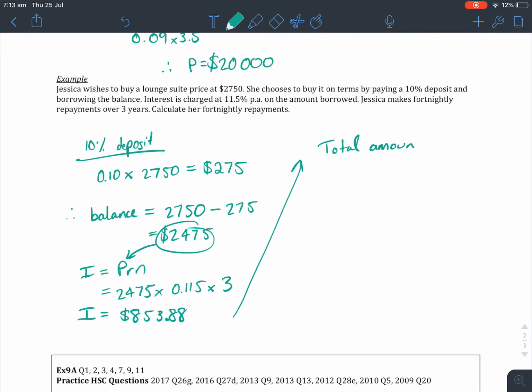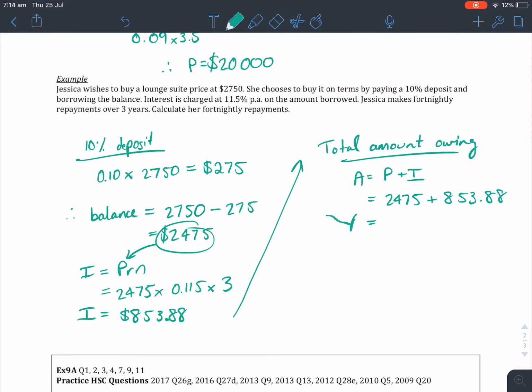Total amount that she has to pay to the bank is, first of all, she's borrowed an initial amount and then she needs to add her interest. So she's borrowed 2,475 and then we're adding the interest of 853.88. All right, do that in your calculator, please.